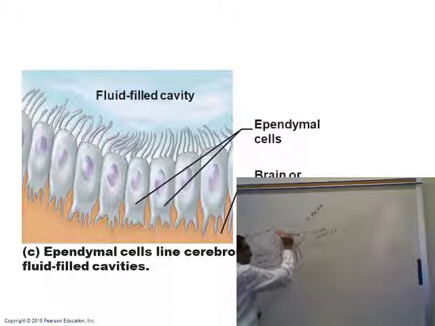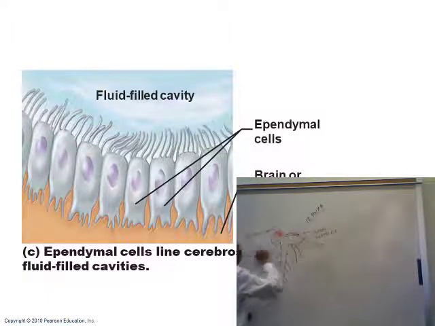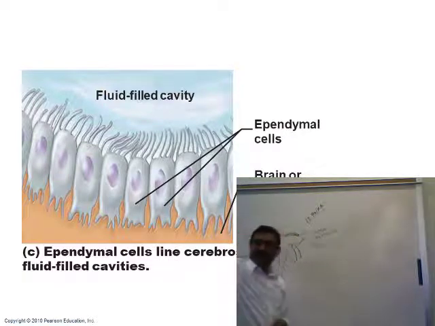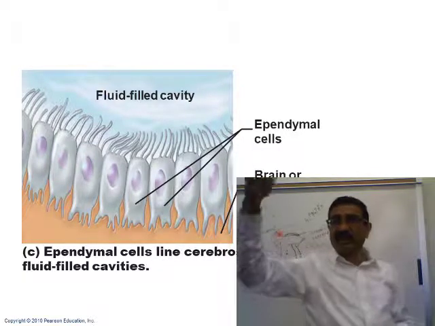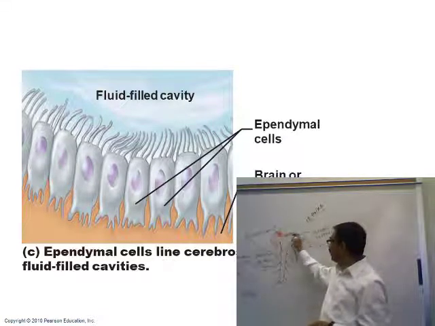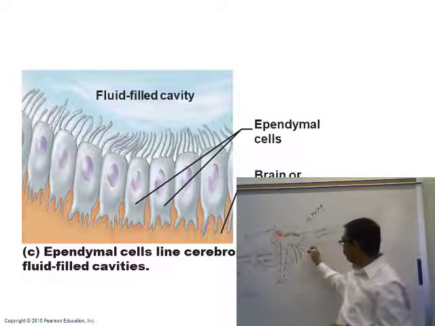The ependymal cells line the wall of the ventricles. So these are the ependymal cells. And the ependymal cells have cilia, soft hair-like structures like this. So cilia are present in the ependymal cells, and they line the wall of the ventricle.